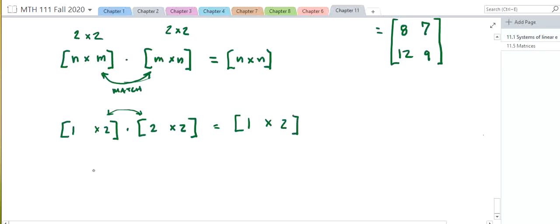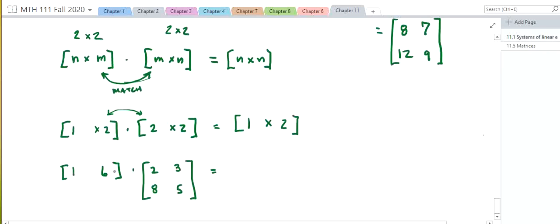So let's try it out. Suppose I have a 1 and a 6. So this is my 1 row, 2 column matrix. I'm going to multiply this by 2, 3, 8 and 5. All different numbers so you can see what happens here. They don't have to be different numbers. Sometimes they can be the same, but they just happen to be different here.